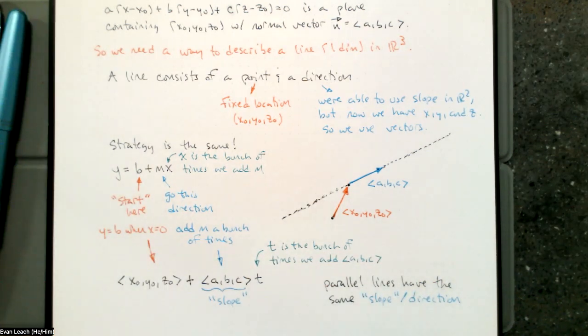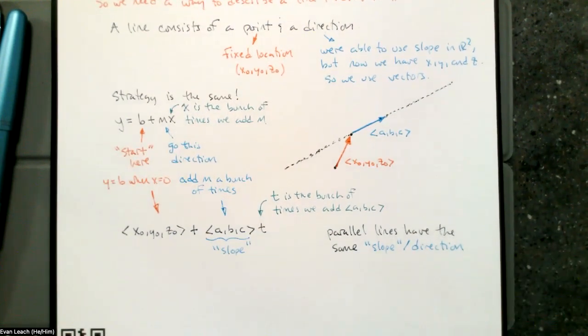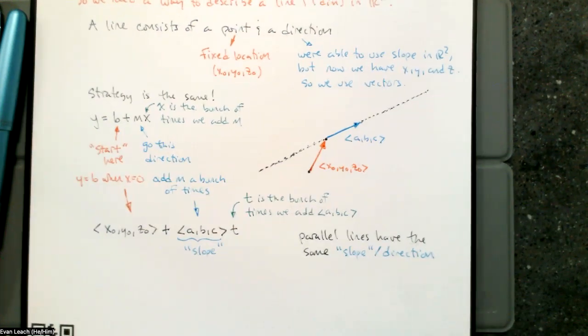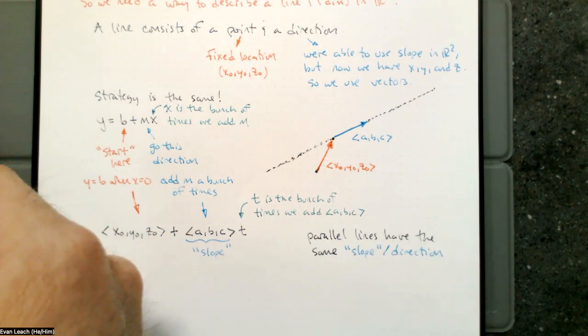In R2, when we draw a line, we can draw a line perpendicular to a given line. In R2, a line is perpendicular to a line. But in R3, we have a whole plane perpendicular.